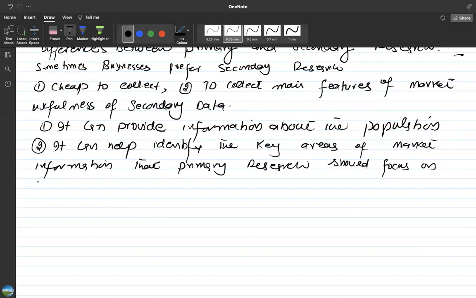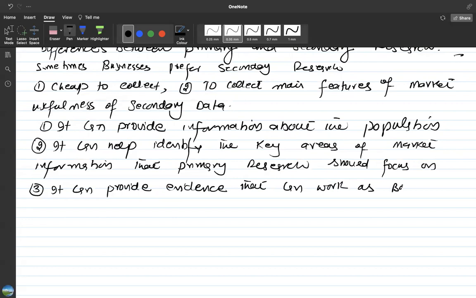It can also provide evidence that can work as the baseline of primary research.